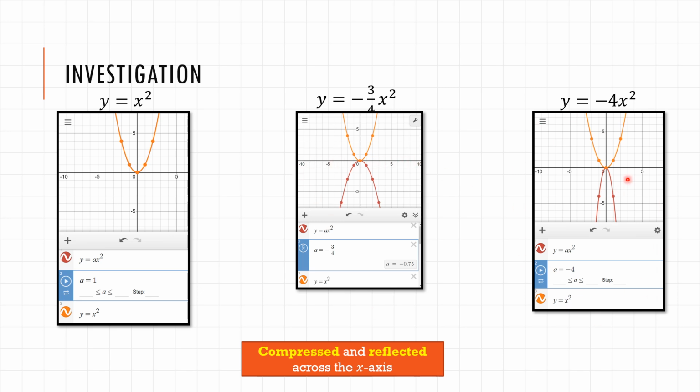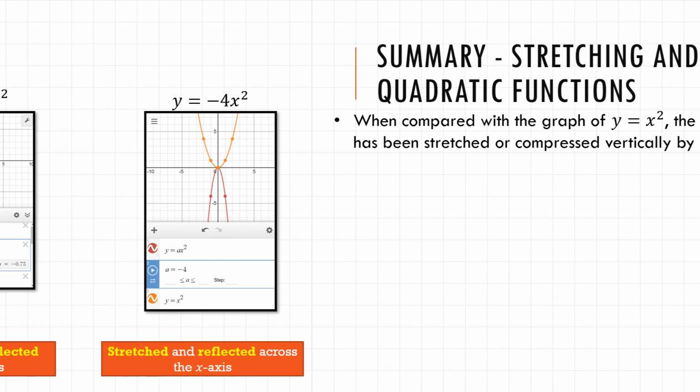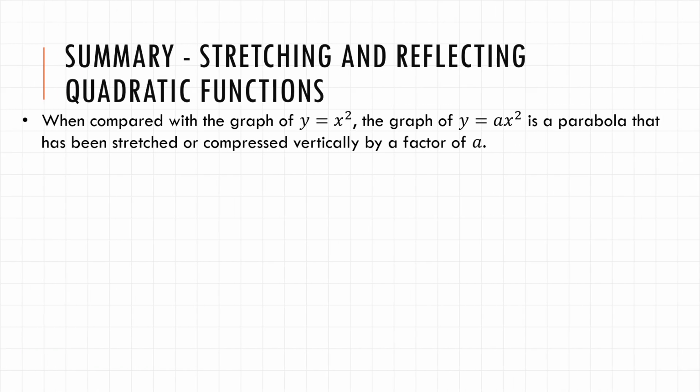Whereas for this graph, we can see that it was stretched vertically. So it got narrower, thinner, taller. So it was stretched vertically, and then it was reflected again across the x-axis. So that concludes our little investigation here.